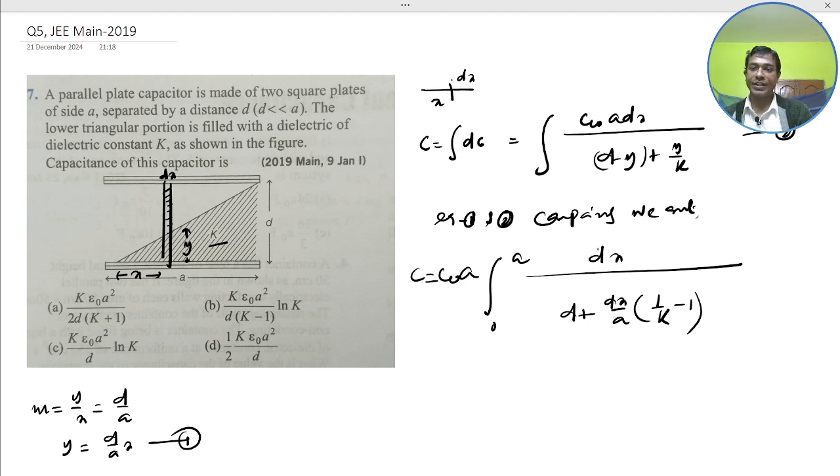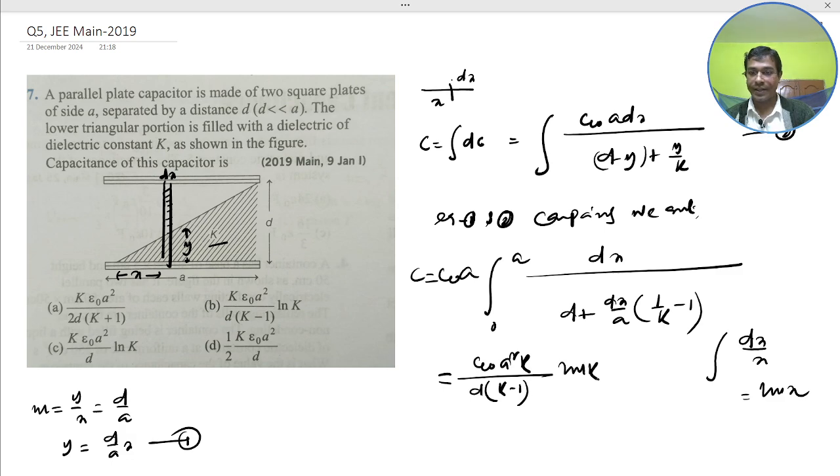So you just do this integration, simply the integration of dx by x, basically ln x. Putting in the upper limit, you get epsilon naught a square k divided by d into k minus 1, times ln k. So I think B would be our correct answer: k epsilon naught a square by d into k minus 1, ln k. B would be our correct answer.